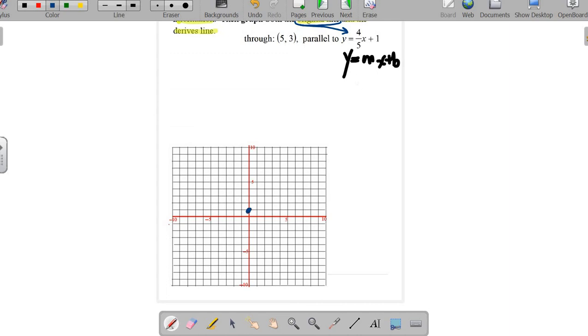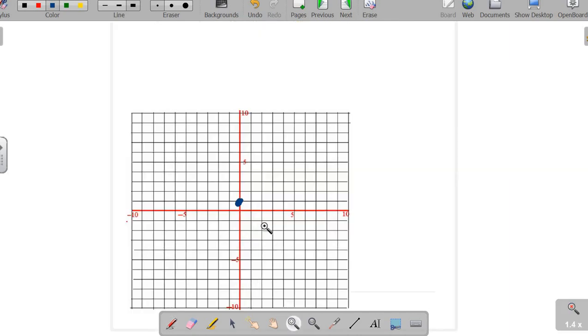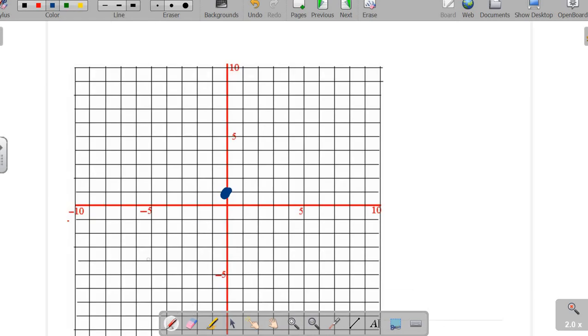Our slope is 4/5, and it's positive. That's a rise of 4, run of 5.